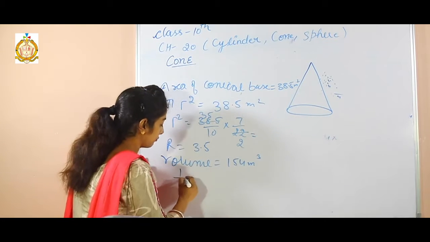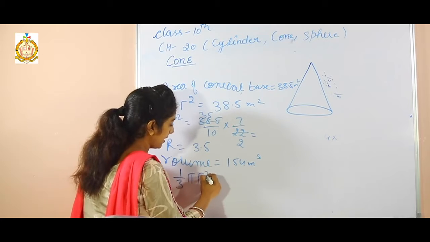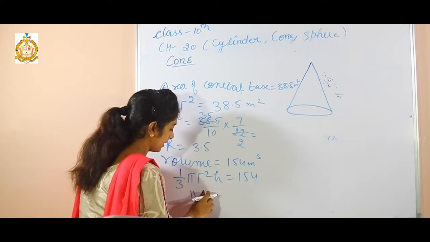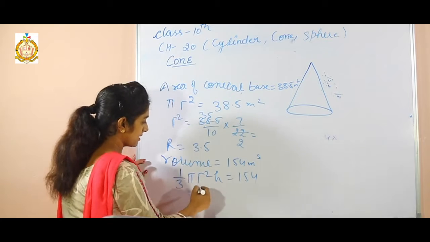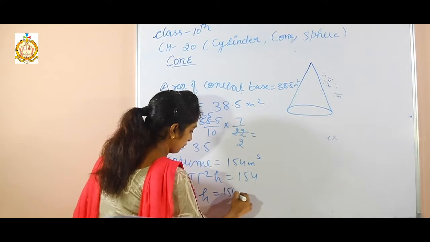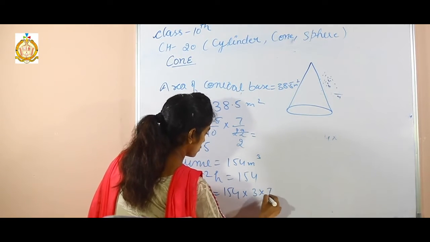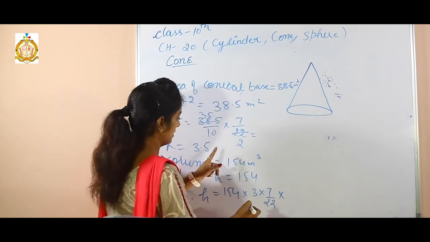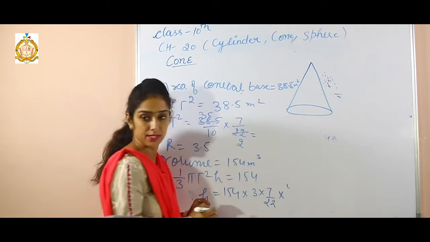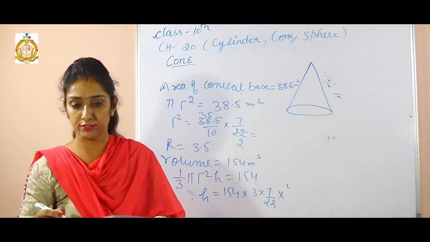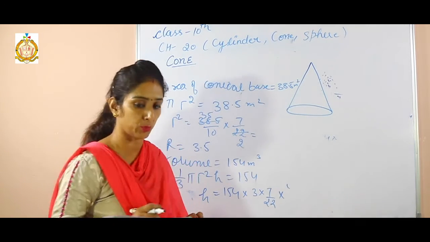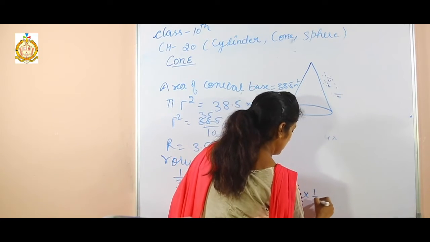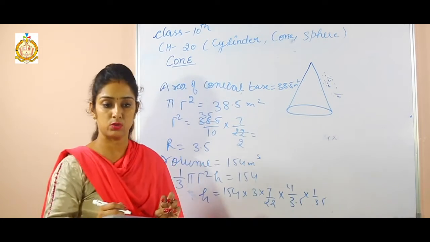What is the formula of volume? 1 by 3 pi r square h is 154. Now pi is 22 by 7 and r is 3.5. So h is 154 into 3 into 7 by 22 into 3.5.